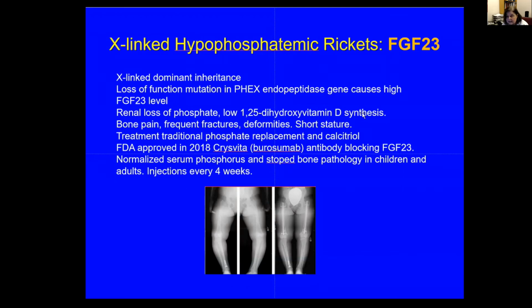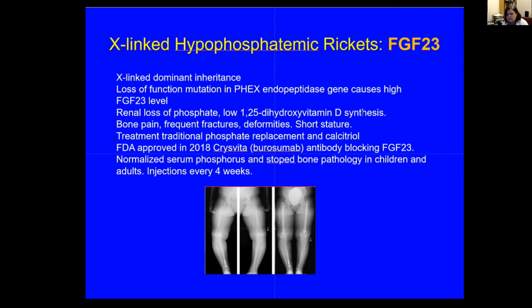This is the X-linked hypophosphatemic rickets. I have a couple of patients. They break their bones so frequently that they are full of rods in their bones. Before we got the burosumab, and now it's perfectly treatable.